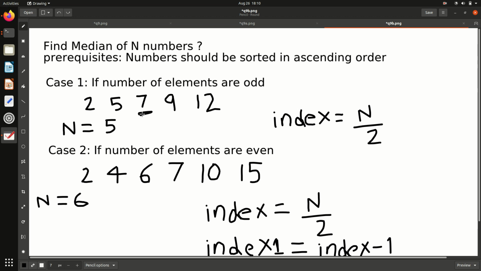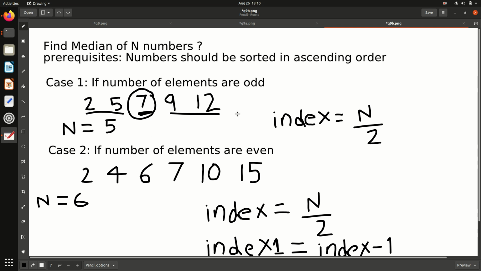So this will be the median. As simple as that. Median means just the middle one. As you can see, there are 5 numbers, 1, 2, 3, 4, 5. Obviously this is the middle one, because on its left side there are 2 numbers and on its right side 2 numbers. So this is the middle and this will be the median.